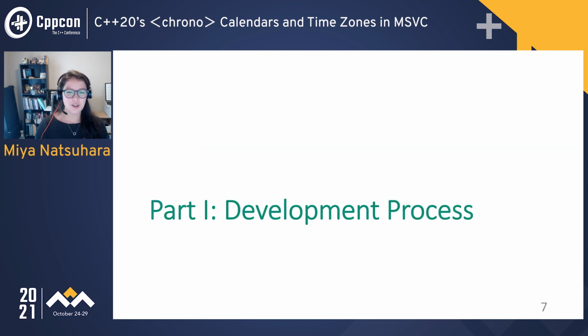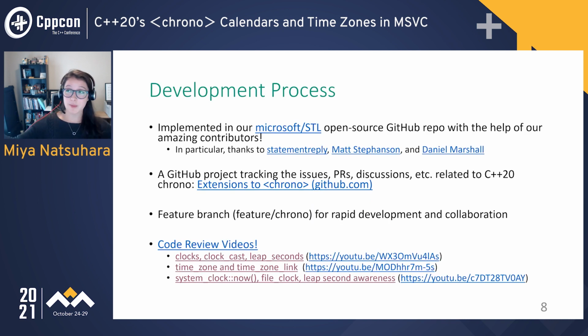Okay. So just starting off with the development process here. We did implement this feature along with pretty much all of our other C++20 library features in our open source GitHub repo, which means that you can go and look at all of the discussion and PRs and things like that that were happening there. If you print out P0355, which is the paper that encompassed pretty much all of the changes, there were a few patch papers later on, it's about 75 pages long.